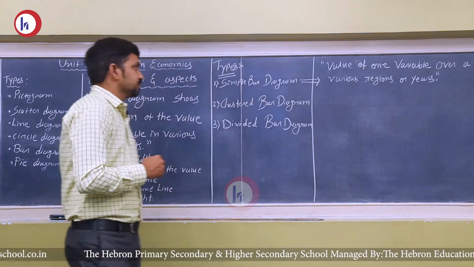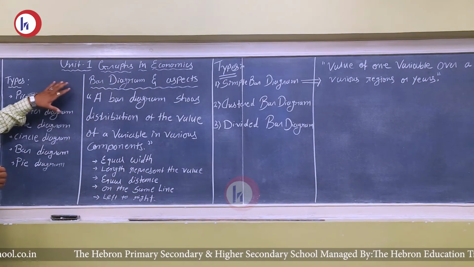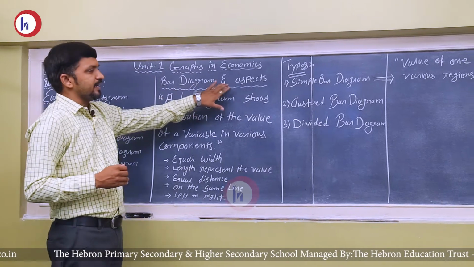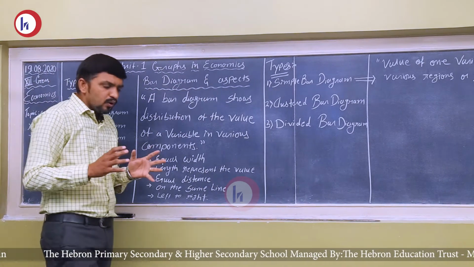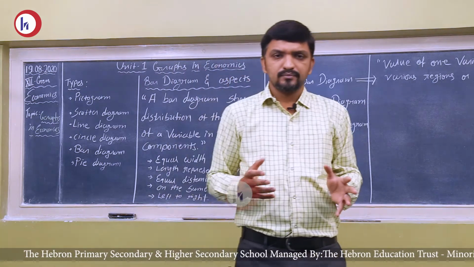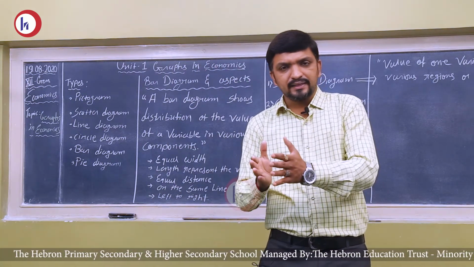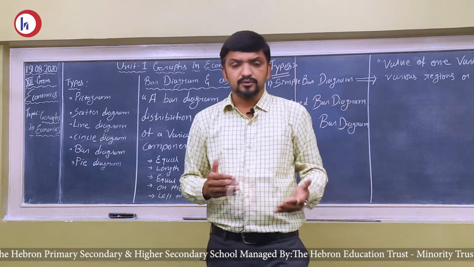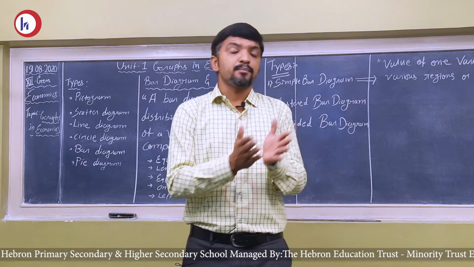So friends, we have seen the types. Now, bar diagram and aspects. You all might have seen the figure of a bar diagram, because it was there in the earlier standards also. It was in 11th standard, and even in mathematics.